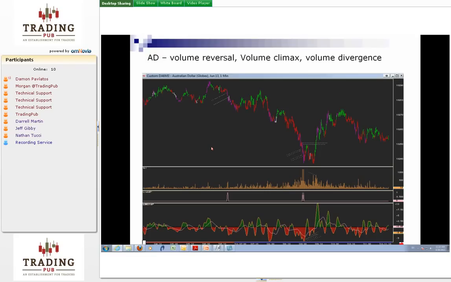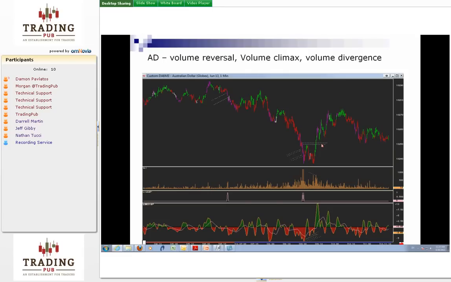Yes, you may get continuation to the downside. However, it's pushed the market's value way beyond the mean that it should be. You'll see that almost always. So fabulous time to exit a position on a climax, which would be signified by an increase in range and or an increase in volume.